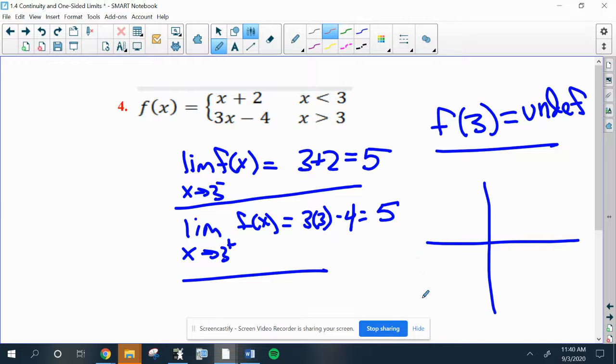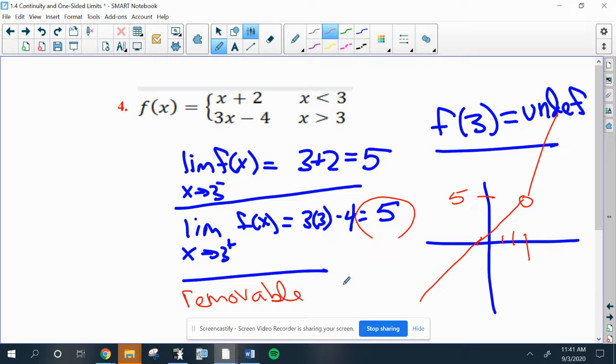This x plus 2 function equals 5 at 3, with an open circle because there's no equal sign. This 3x minus 4 function is also 5 there, but with an open circle. So you can see that's a removable discontinuity at x equals 3.